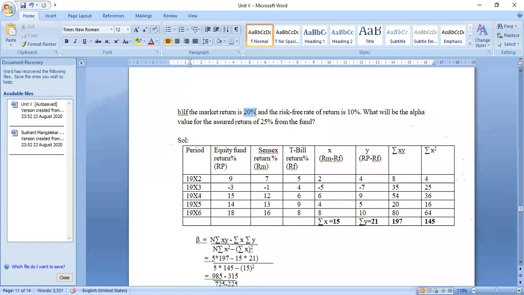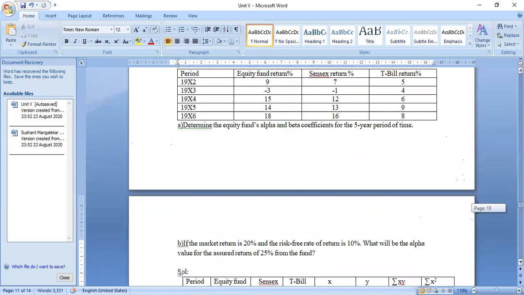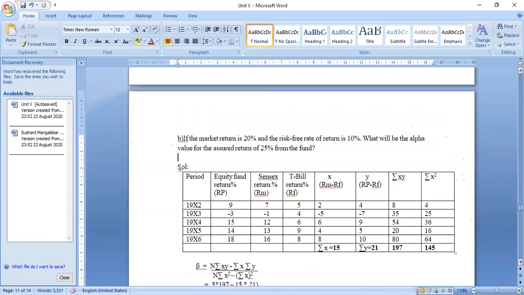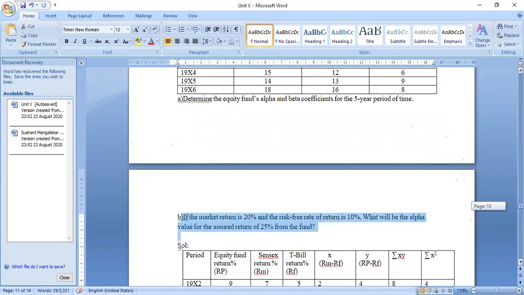With regard to RM we have 20%, we have RF as 10%, and an assured return of 25%. You can use it because you will get the value of alpha. But it should be clearly specified as Jensen alpha or something like this. Only then would we be justifying it, because the first part of the question has slightly different data.